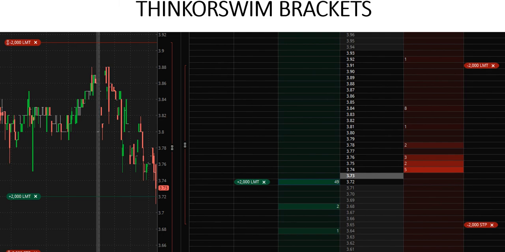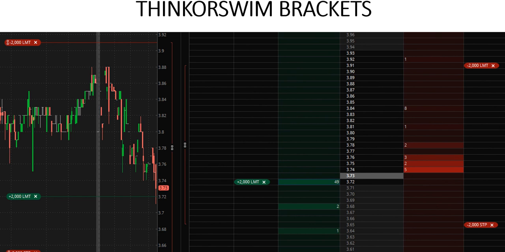Now, here's an example of thinkorswim and the brackets within thinkorswim that I talk so much about in my other videos. And this is why it's so important and so helpful, is because these brackets are just there for you, and you can set them to be a predestined percentage, where as soon as you buy a stock, you automatically have a take profit cell pop up and a stop loss cell pop up.